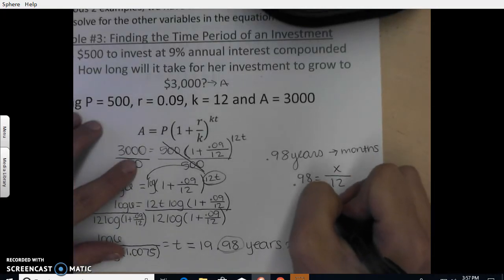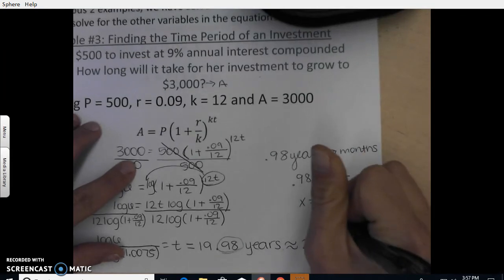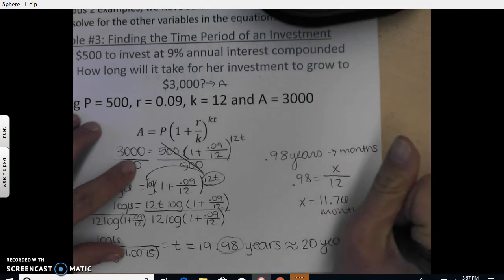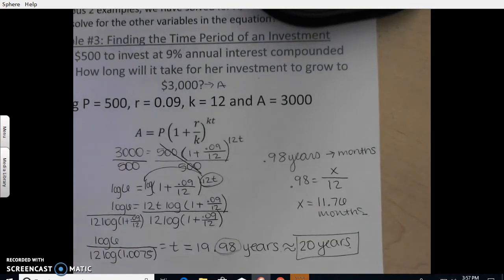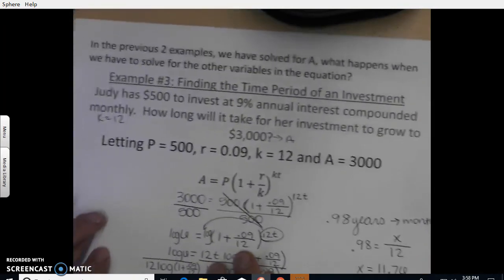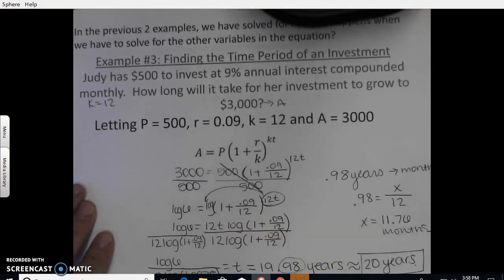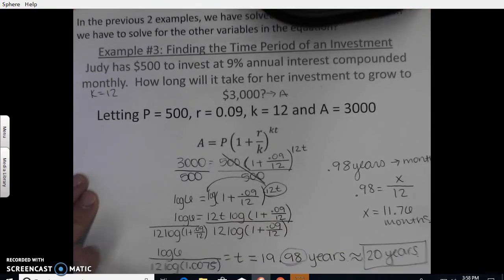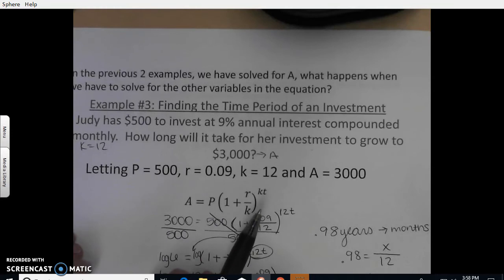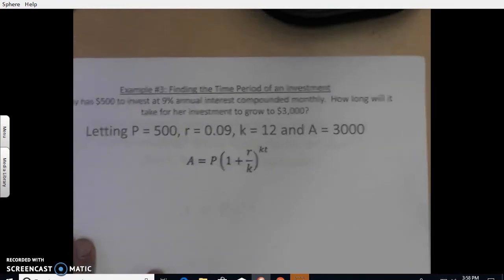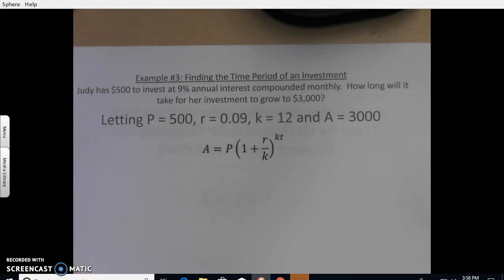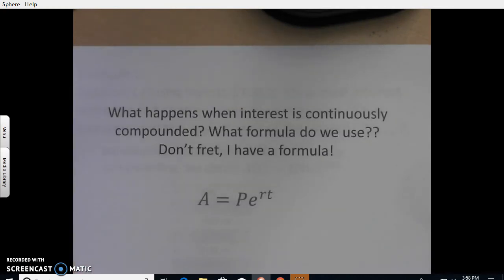X would be equal to 11.76 months. And that's why I'm going to say it would take 20 years. Oh, I'm sorry. We just did that.